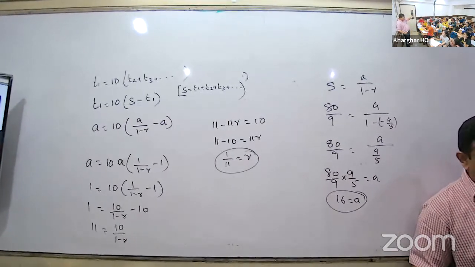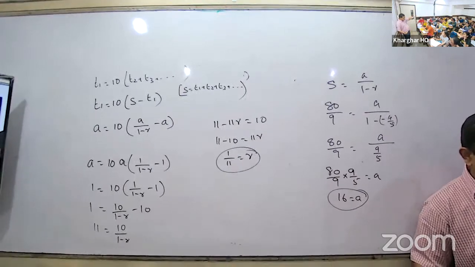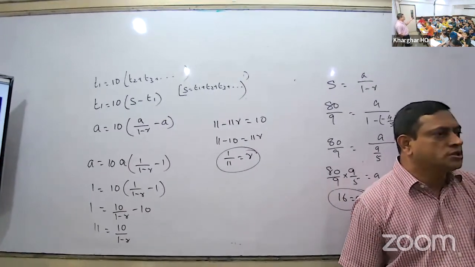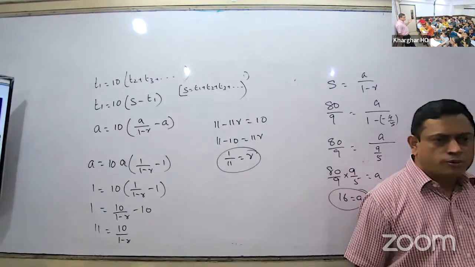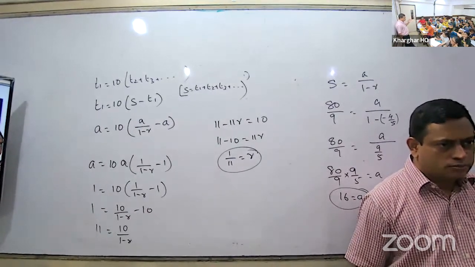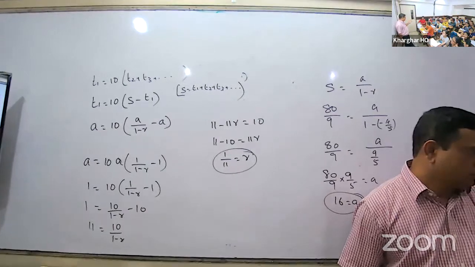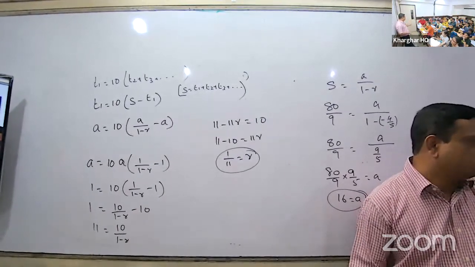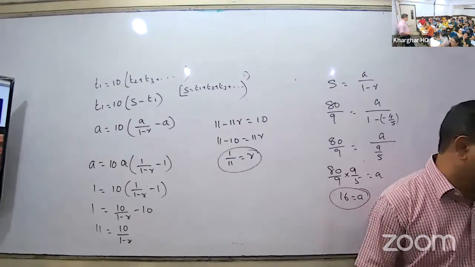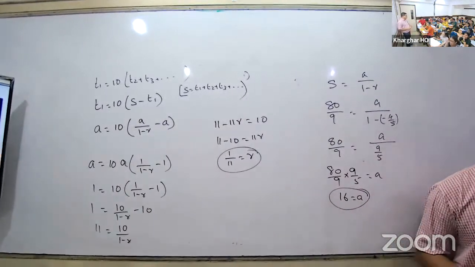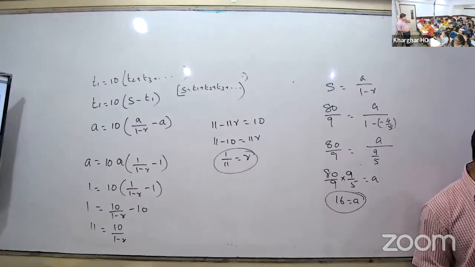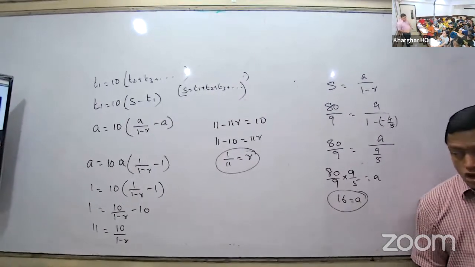Like remembering B square is equal to AC, continued proportion. If you see, continued proportion is GP only. A by B is equal to B by C, so the ratios are equal. So continued proportion is always GP only. Now, geometric mean.